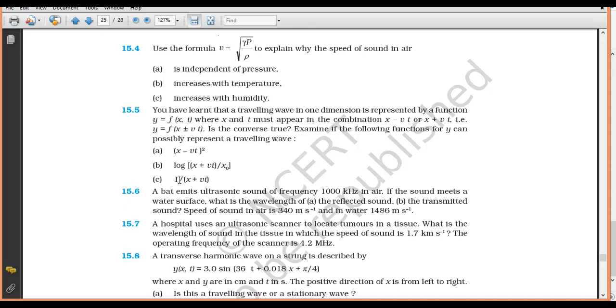x minus vt the whole square. With x equal to 0 and t equal to 0, it is defined. Okay.